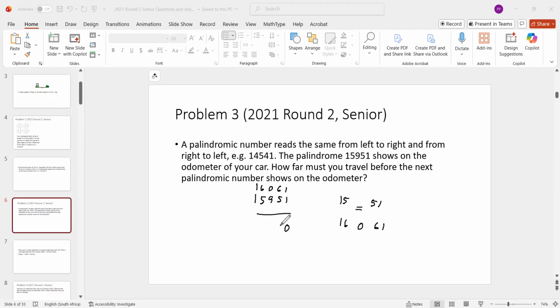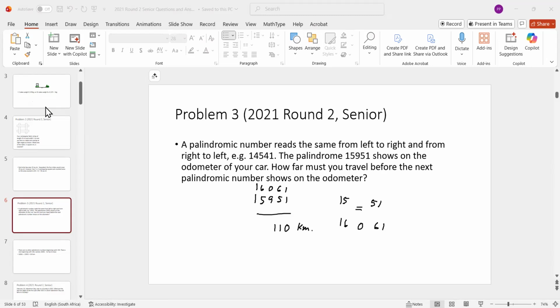All you have to do is to just subtract these two numbers. They didn't say that these are kilometers, but we'll have to assume that the units are all kilometers. Okay, so you have to travel 110 kilometers before you reach the next palindromic number.